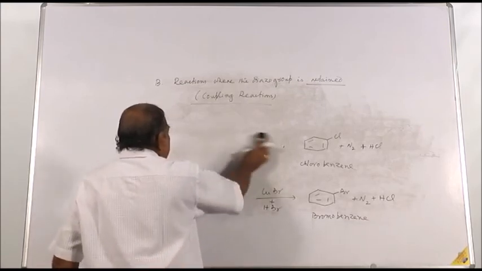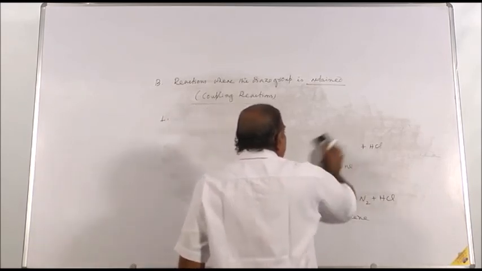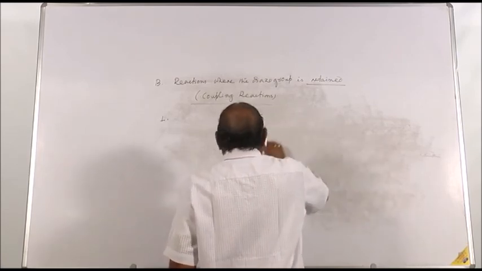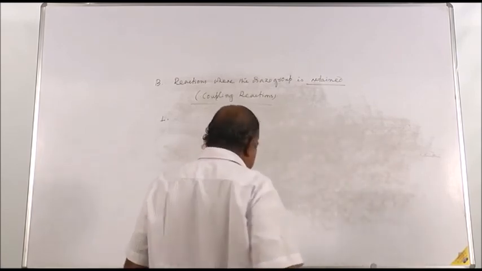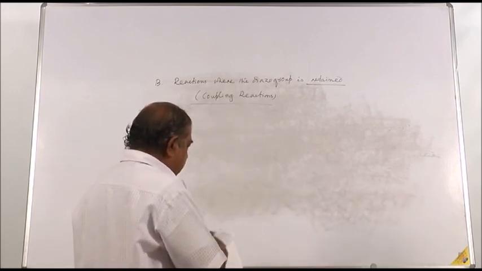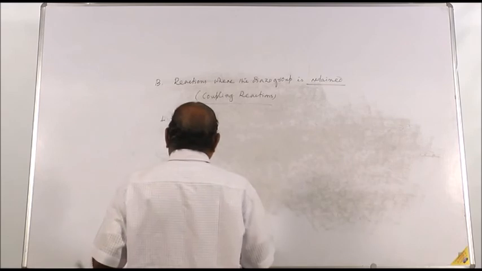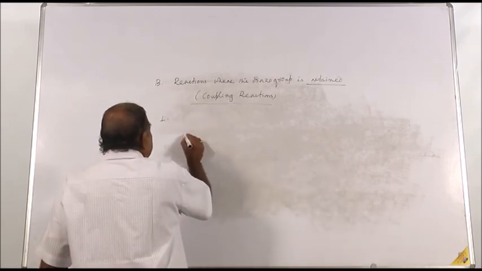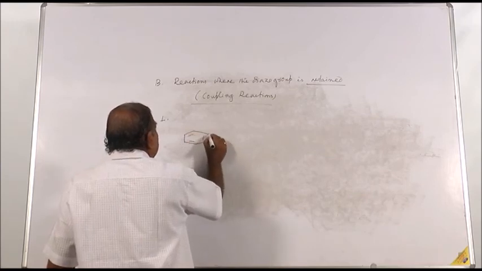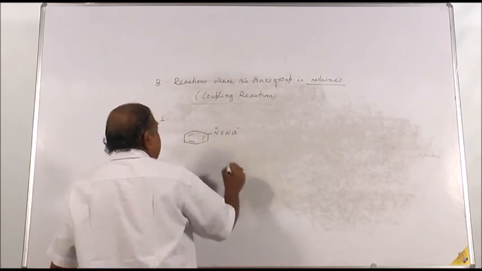Number one, when benzene diazonium chloride is treated with phenol in presence of an alkali, remember the alkali or base you are using is to neutralize the acid, the byproduct, you will get para-hydroxyazobenzene, where the phenol couples with the benzene diazonium chloride at its para position.